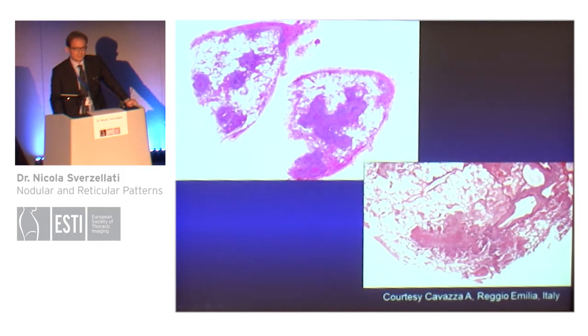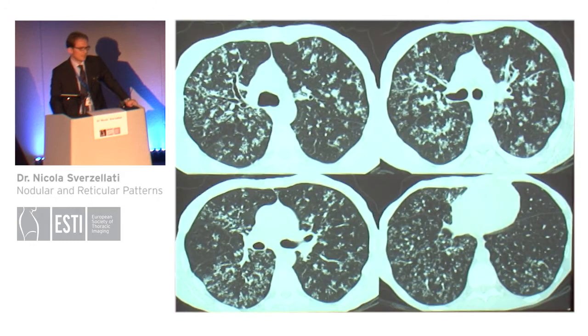This is a histologic specimen of a patient with atypical mycobacterial infection, and you can see the bronchiole dilated, and its lumen is filled by exudate, fluid, and cells. But more importantly, there is peribronchial inflammation, which gives the appearance of the tree-in-bud configuration at HRCT.